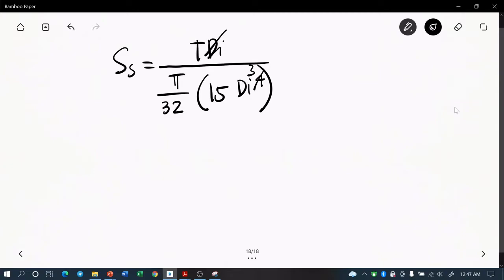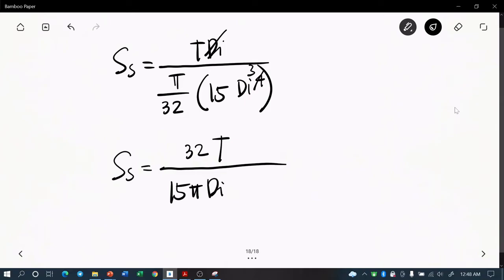So S sub S is equal to 32 T over 15 pi d sub I raised to the power of 3.